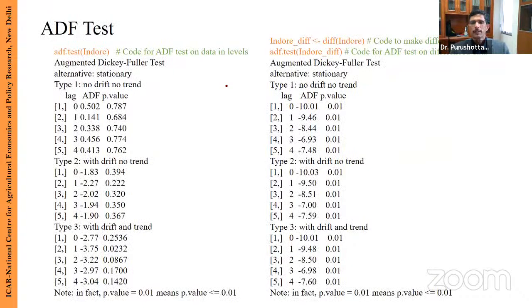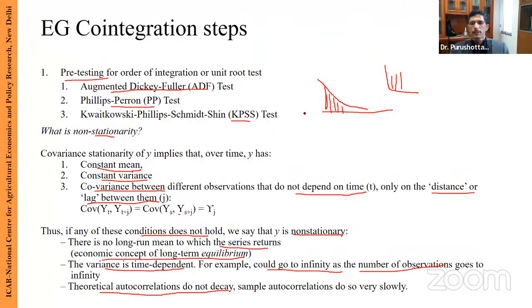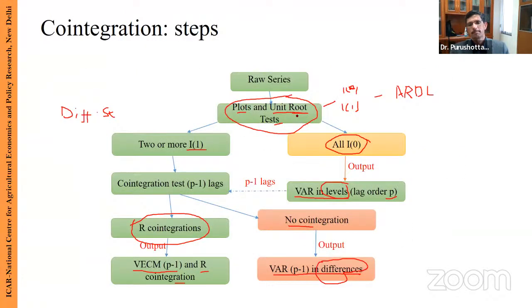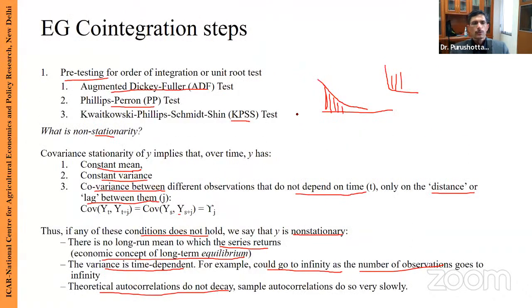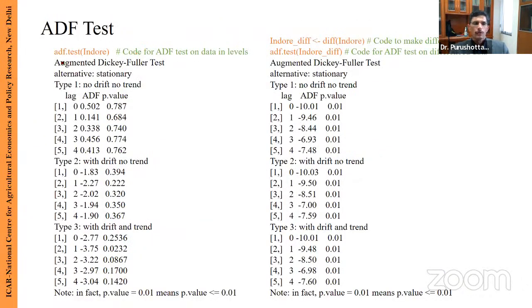ADF test, as we have discussed, pre-testing is required for a unit root test or stationarity test. So we have tested it for stationarity, and the code for this is ADF. Okay, ADF Indore I have taken.